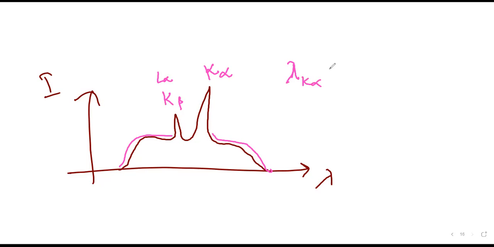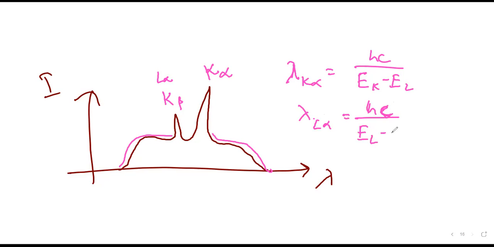Wavelength of K alpha will be how much? hc by, what will I write? E_K minus E_L, right? So lambda of L alpha, what will I write? hc by E_L minus E_M.